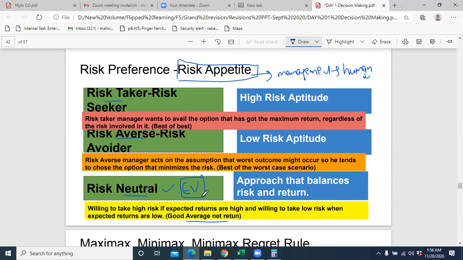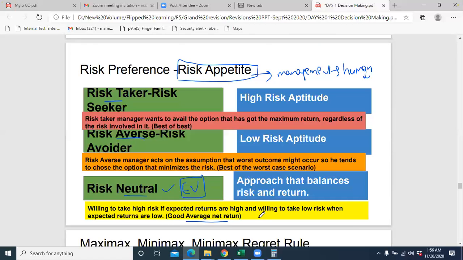But if he knows that the returns are not good, and if past data is available and he has seen people doing it and failing in that project, he won't take that. But if he has seen people doing well in that, he would just go for it, because he knows as per the past experiences of different people. So he's a kind of person who is risk neutral.